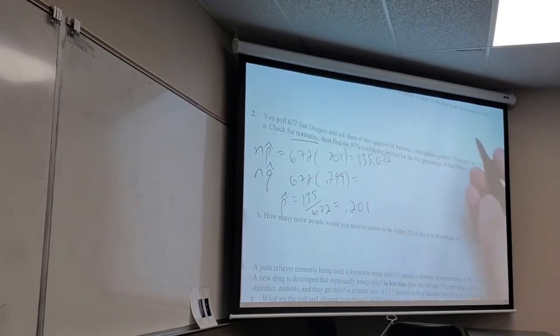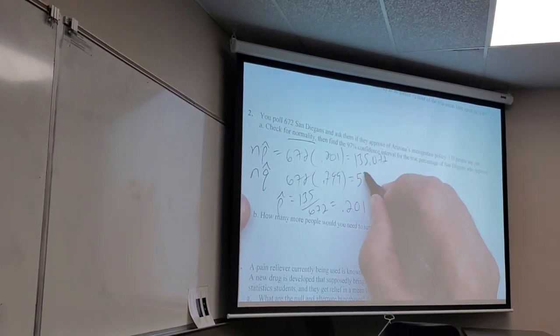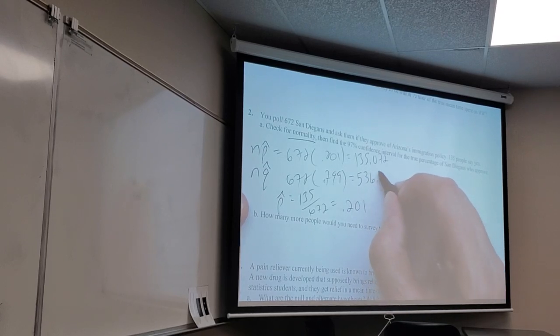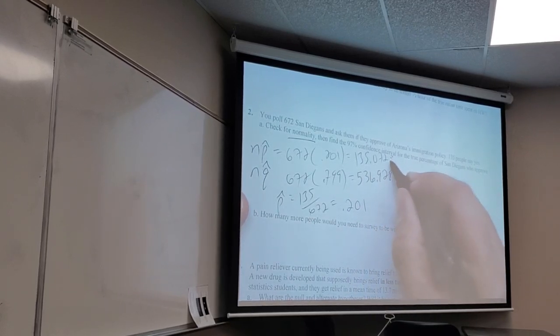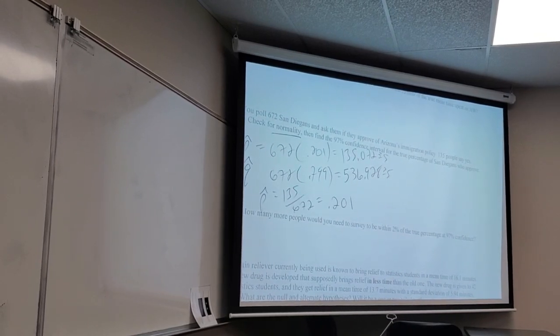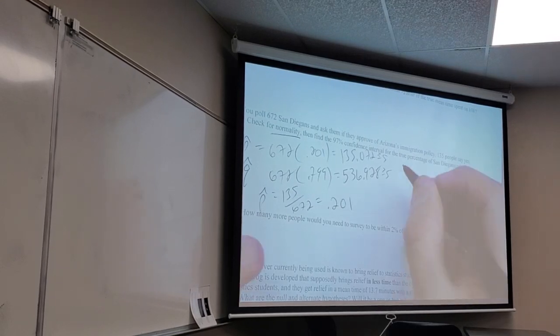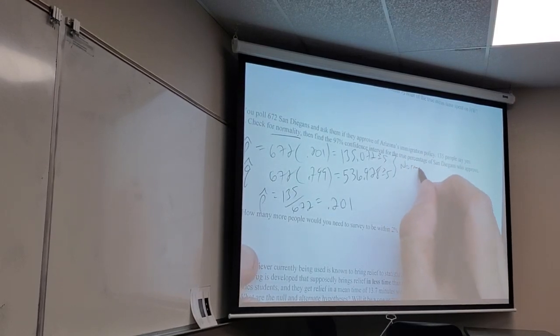And that'll come out to be 536.928, I think. What's important is they're both at least 5, right? What does that mean? Normal enough.